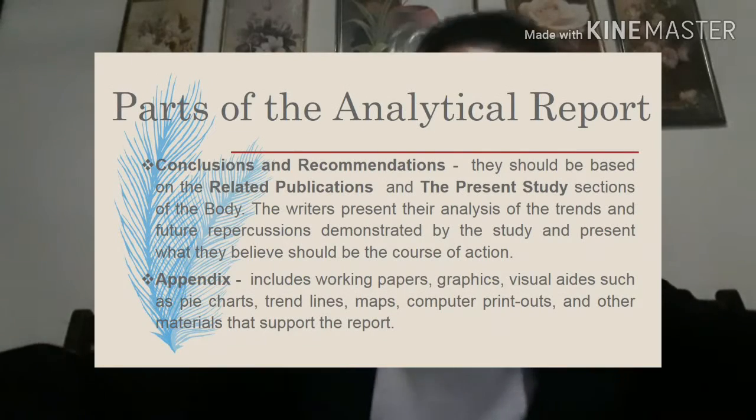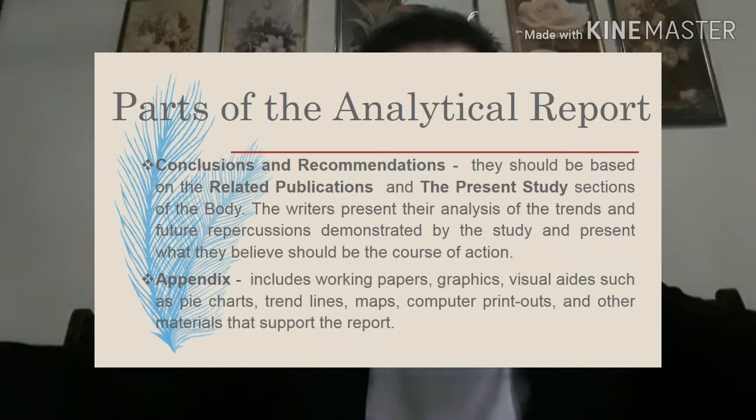Next part of the analytical report is conclusions and recommendations. From the words themselves, conclusions and recommendations should be based on the related publications and present study sections of the body. They include what you have gathered through the related publications and the present study, as demonstrated by the study, and present what they believe should be the course of action.